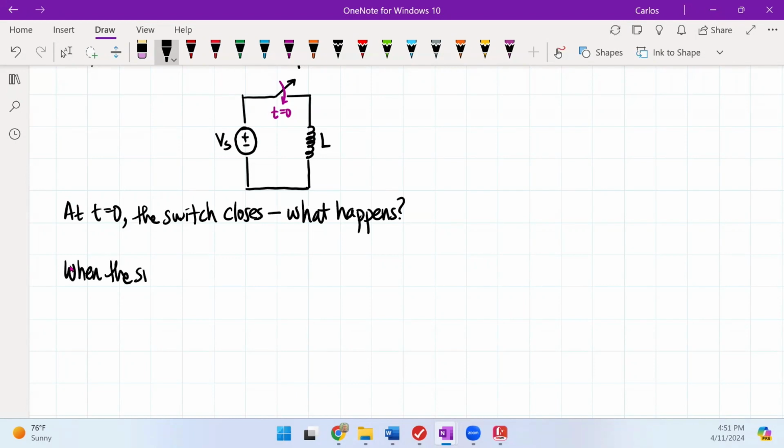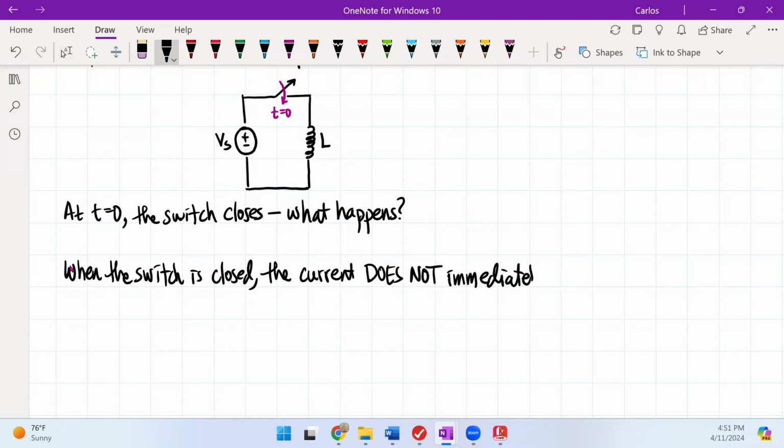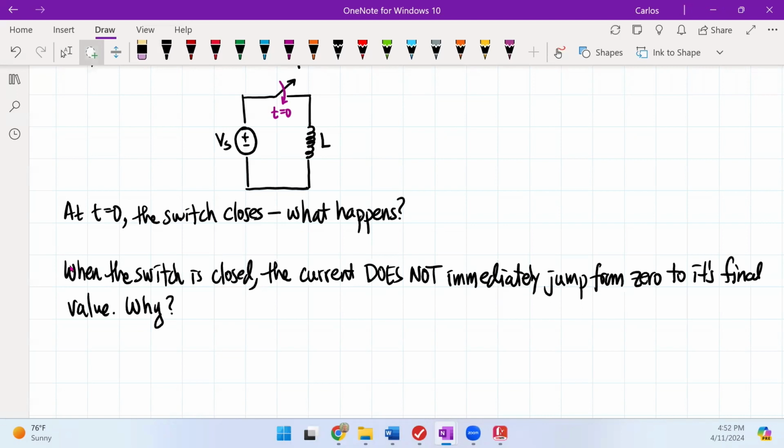When the switch is closed, the current does not immediately jump from 0 to its final value. And again, the question is, why?